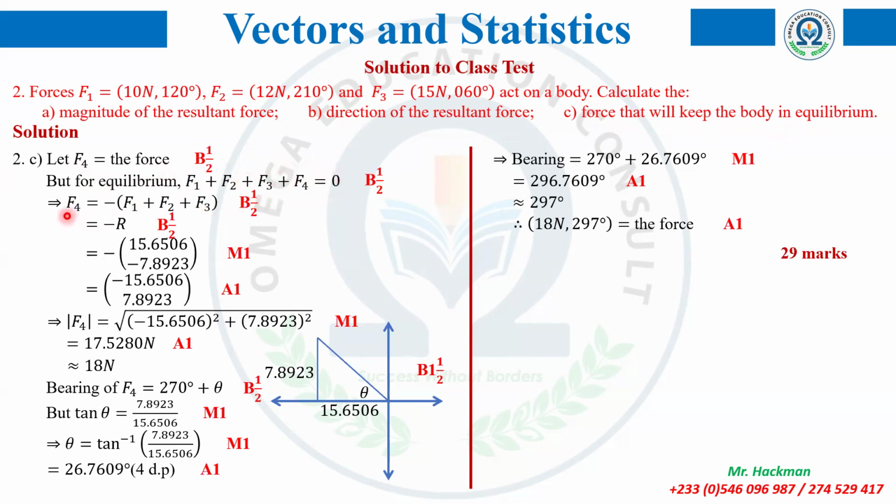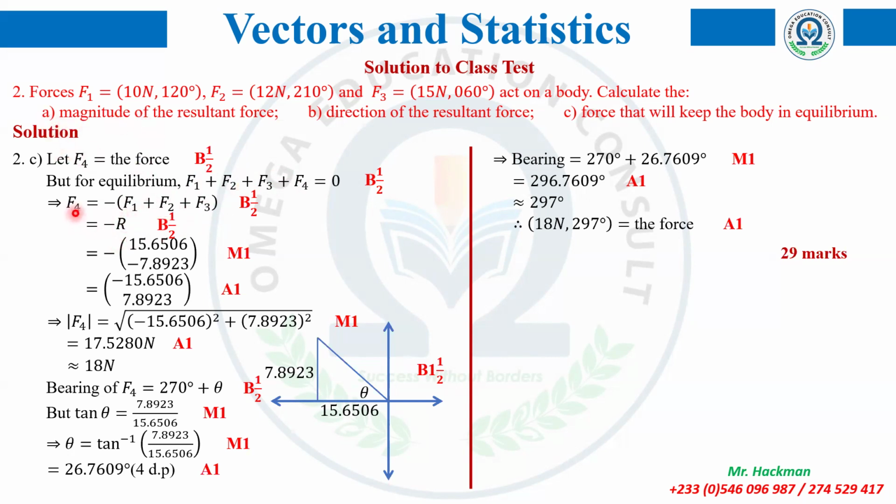So it means your F sub 4 that you are looking for will be equal to, you have to move the whole of this to the other side. So it will be minus F1 minus F2 minus F3, which is the same as minus the bracket F sub 1 plus F sub 2 plus F sub 3. But we know that F sub 1 plus F sub 2 plus F sub 3 is the same as what you labeled in A as your resultant.